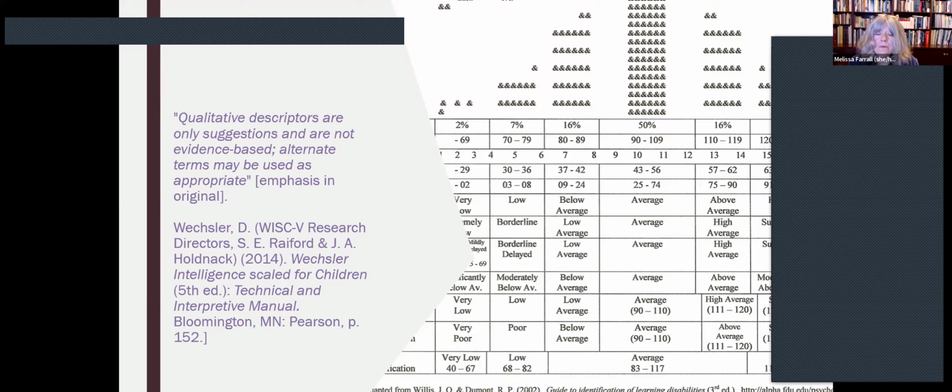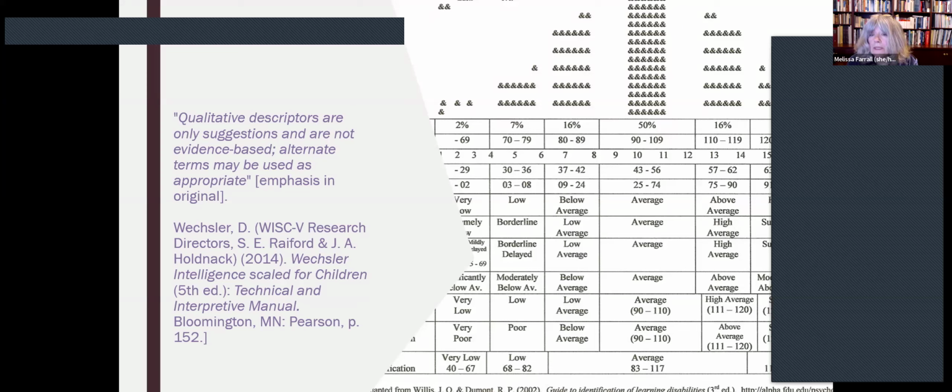So that if you really wanted to know what the labeling system was for the Beery-Buktenica, you could look up their labeling system and compare and contrast that to the labeling systems by the people who did the KTEA and the WIAT and so forth. What I really want you to see is that the labeling systems are totally arbitrary.